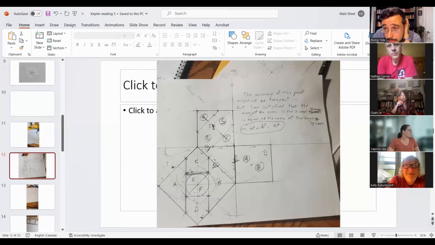But may I interrupt? Because I agree with Matt. The way I look at your drawing, Kelly, you try to demonstrate that the c square geometrically is equal to a square plus b square. That's what you were trying to do, if I understand.